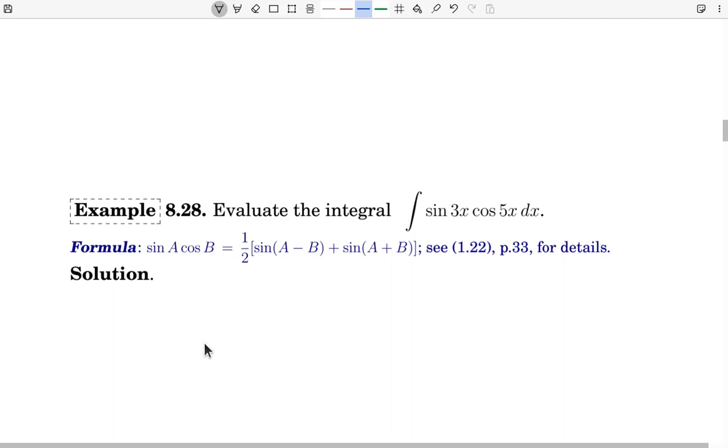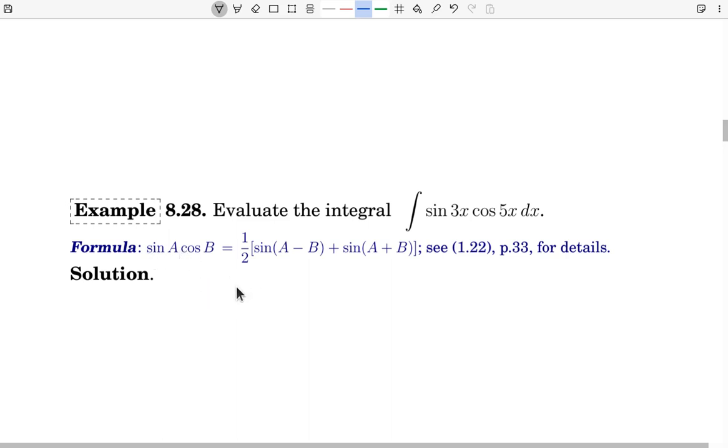Sometimes we have to use such a formula. Now, sine 3x and cosine 5x are different. Then we can use such a formula: sine a cosine b is half of sine a minus b plus sine a plus b.